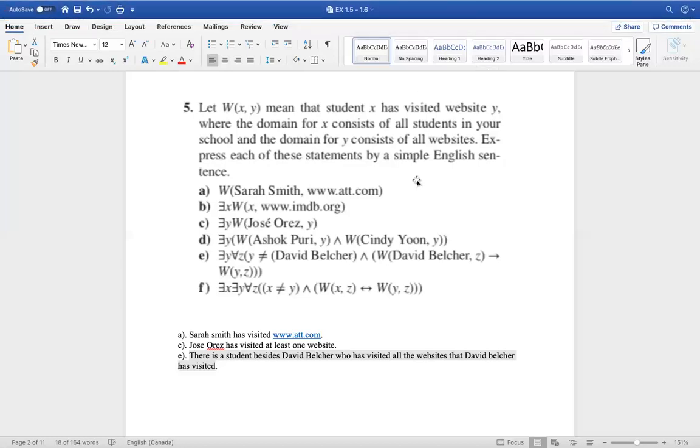I don't get that part, who has visited all the websites that David Belcher has visited. So this implication over here, if you just look at this part, we are using these qualifiers, which restrict our domains, like there is one person, or there are many persons, or there are all persons. And then the statement in the brackets is creating the logic here.